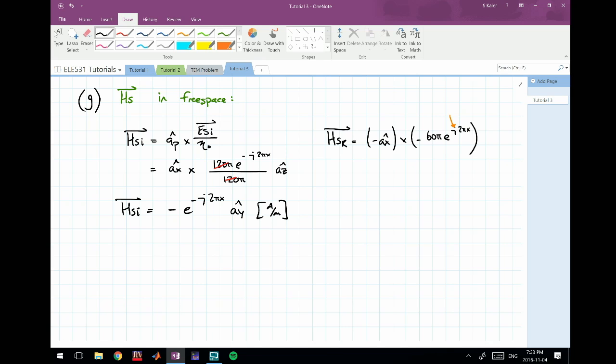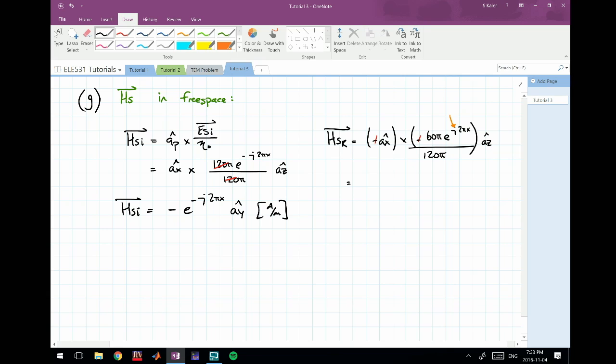Now this is 60 divided by 120 pi, because again I'm using this equation here. This is in the AZ direction, and these minus signs will end up canceling.